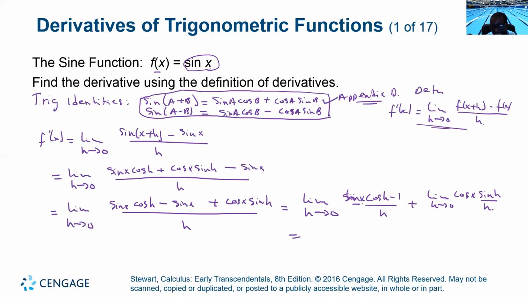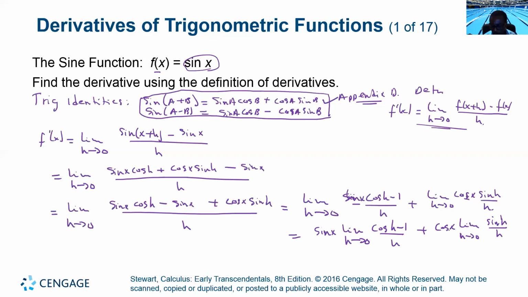I can bring the sine x and the cosine x out because those two terms don't depend on h. So we can write this as sine x times the limit as h goes towards 0 of cosine h minus 1 divided by h, plus cosine x times the limit as h goes to 0 of sine h over h.